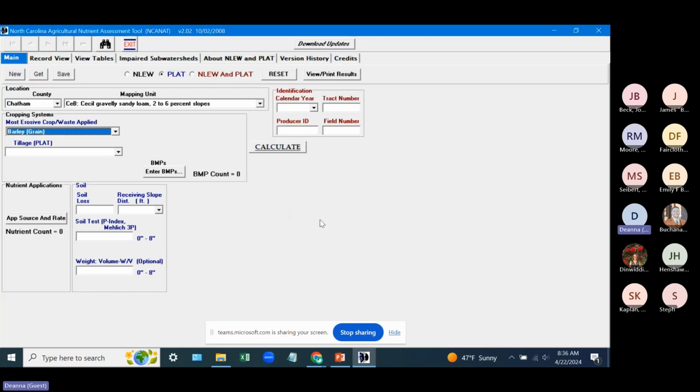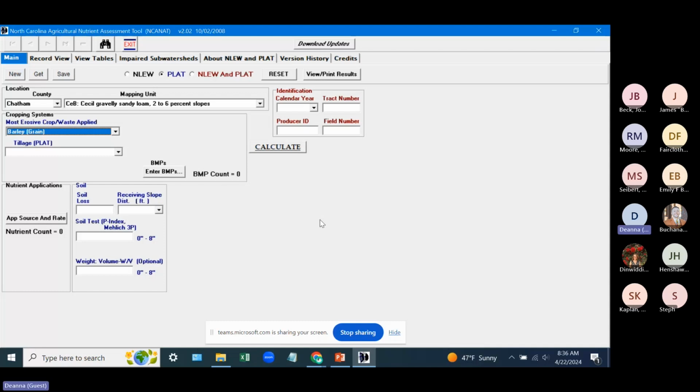Okay, so that's part of it. And then you had potentially phosphorus losses that are leaching. And you only look at phosphorus losses that are leaching in the coastal plain area on more sandy textured soils.